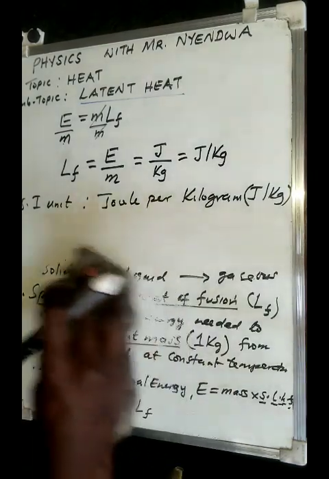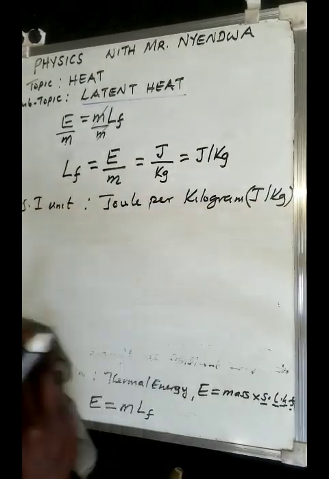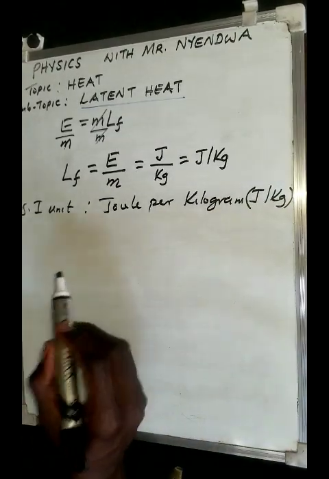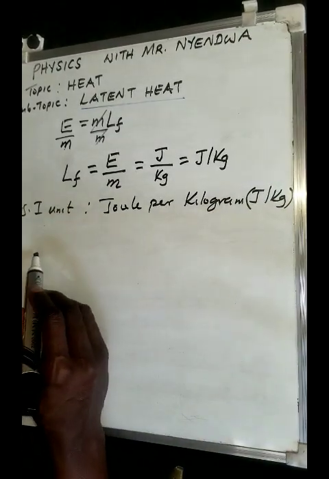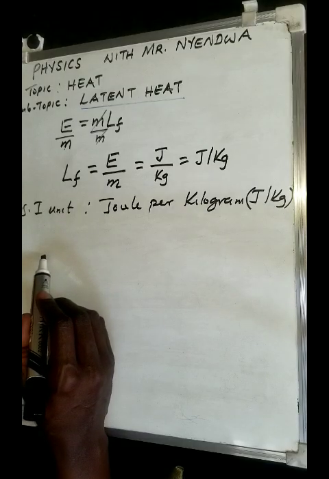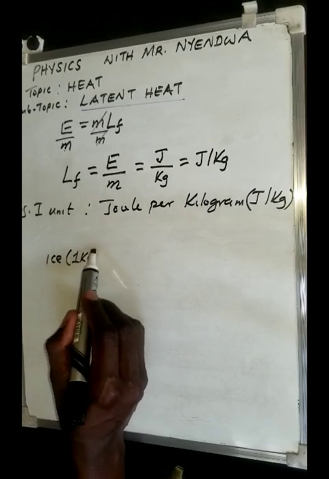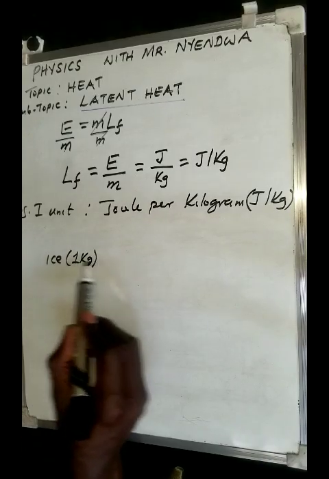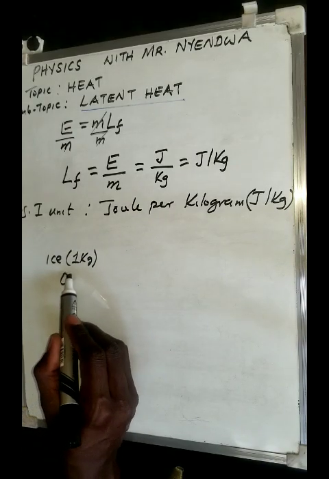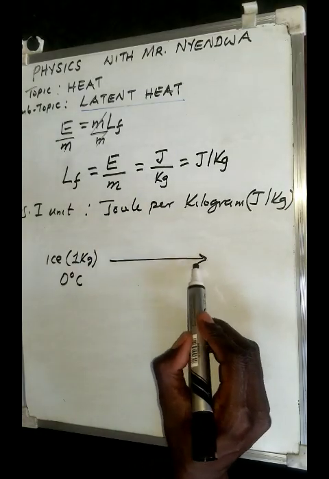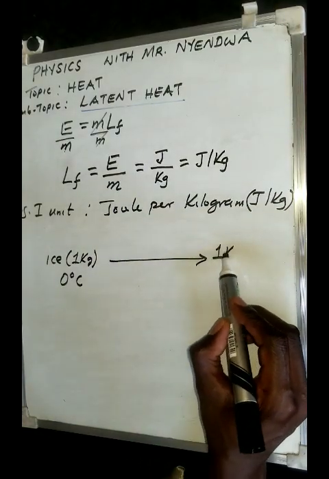Now, just to help you understand specific latent heat of fusion even further, imagine that you have got 1 kg of ice, because we are talking about a unit mass, and this ice is at 0 degrees. You want to change it to water, remember the 1 kg will not change.